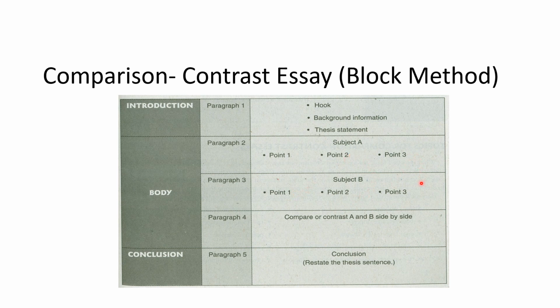For example, physical appearance of subject A is discussed in paragraph 2. Then the same thing, physical appearance, should be discussed in paragraph 3 to talk about subject B. In paragraph 4, you will either compare or contrast subjects A and B. And eventually, in paragraph 5, you will indicate whether these two are the same or not.